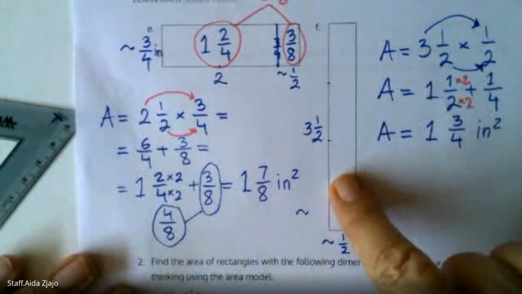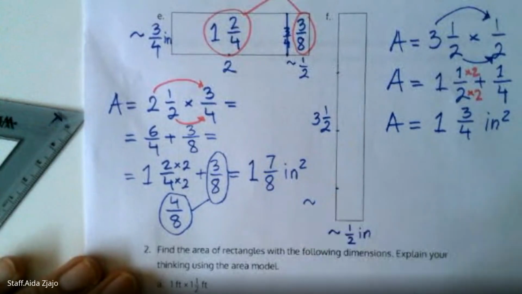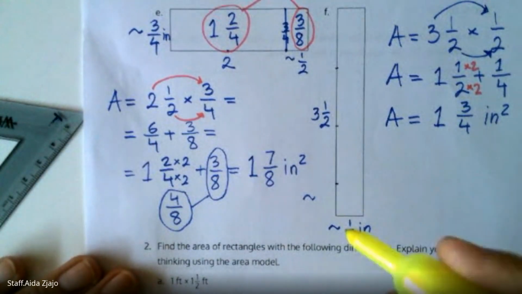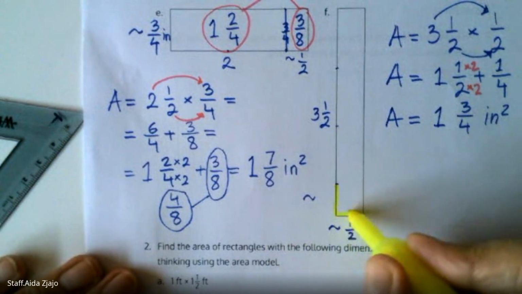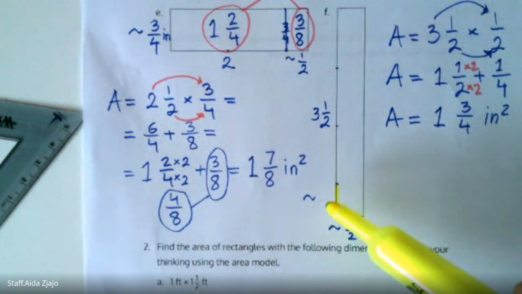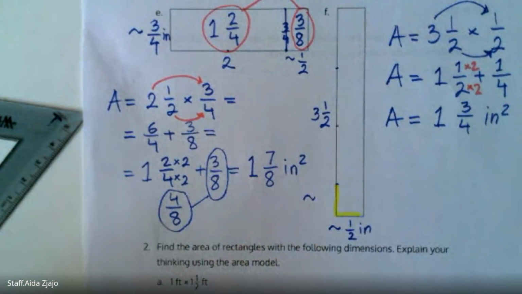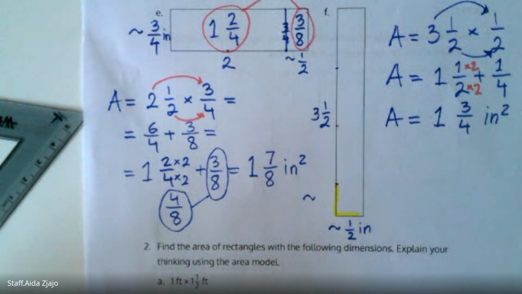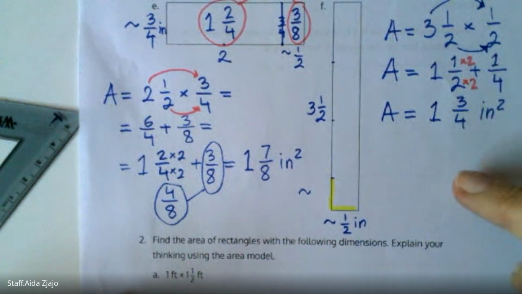And that is the answer for this. It can vary depending on what you estimate this part to be, right here or right here. You could say that this is not half, maybe you choose it to be 3/4, then the answer would be a little bit different.